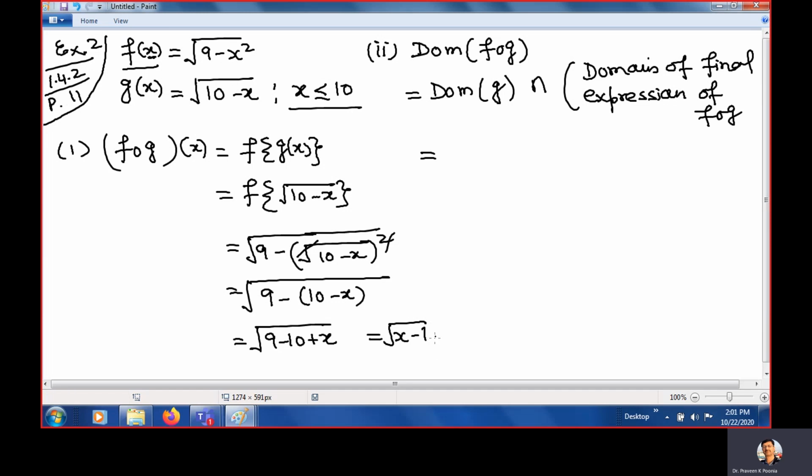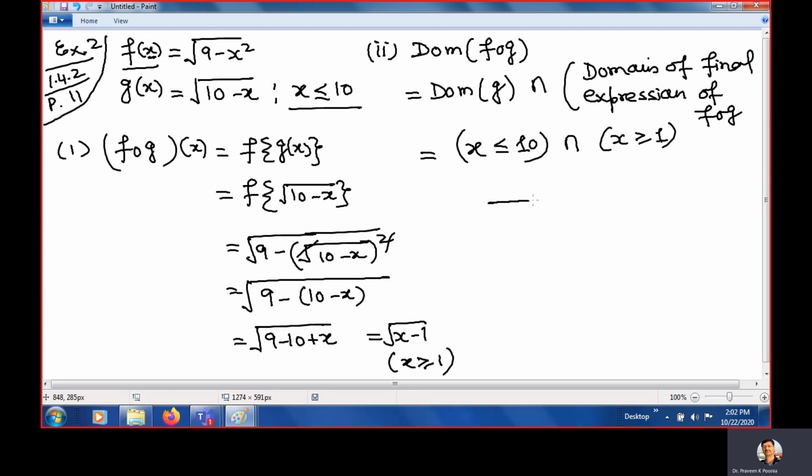And here, this is also a radical function. What domain will you get? x greater than or equal to 1. So what is the domain of g? It is x less than or equal to 10. This is intersection. What is the domain of this? x greater than or equal to 1. Clear?